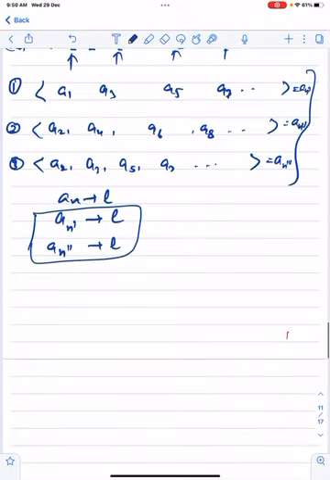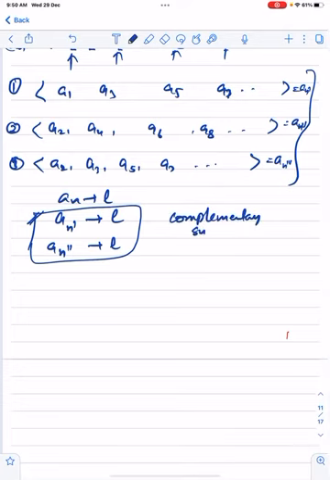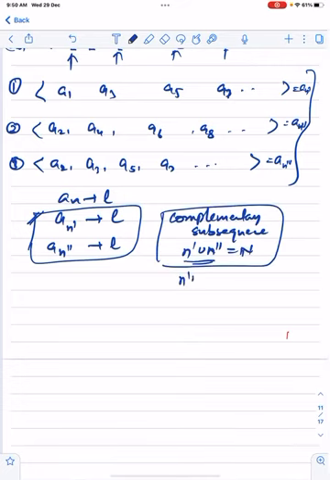And here we introduce a new term, that means complementary subsequences. You call two sequences complementary subsequences when their subscripts, n dash and n double dash, have a union that gives you the capital N, and the intersection of these two is empty.